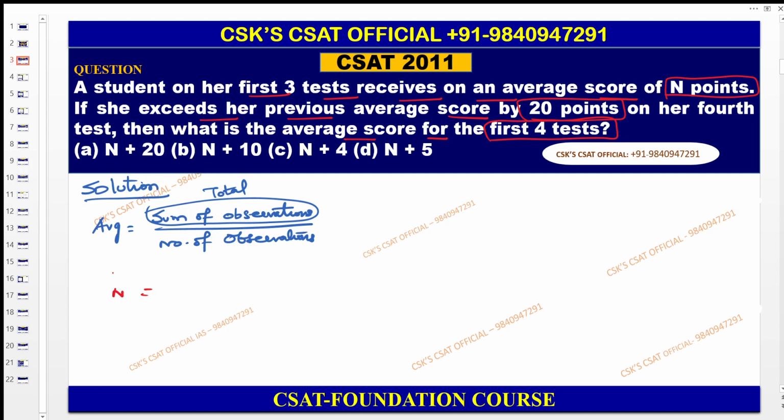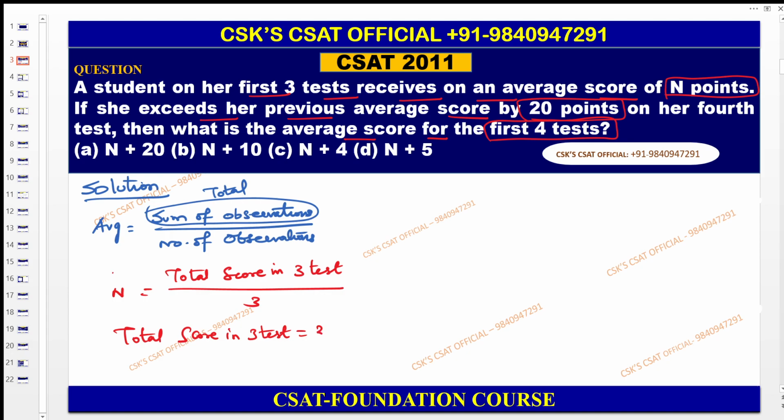So average here is n, the total score in 3 tests divided by number of observations, here 3, since the first 3. Cross multiply, therefore total score in 3 tests is equal to 3n.